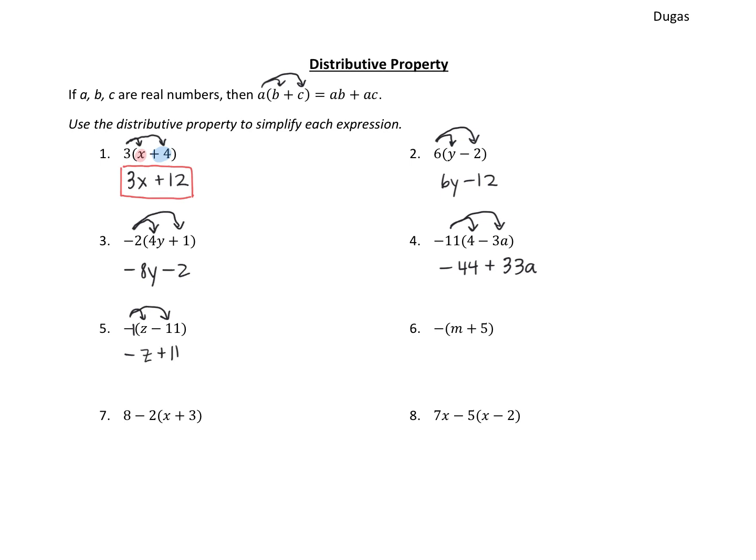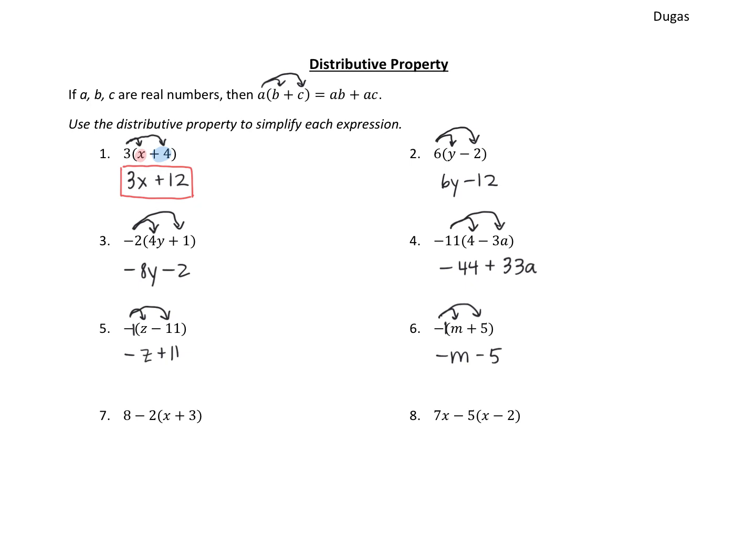So distributing a negative or a negative 1 simply changes the sign of everything in the parentheses. Number 6 is the same way, so we're distributing a negative or a negative 1. Negative times m is a negative m, and a negative 1 times 5 is a negative 5. No like terms, so that's all we can do.